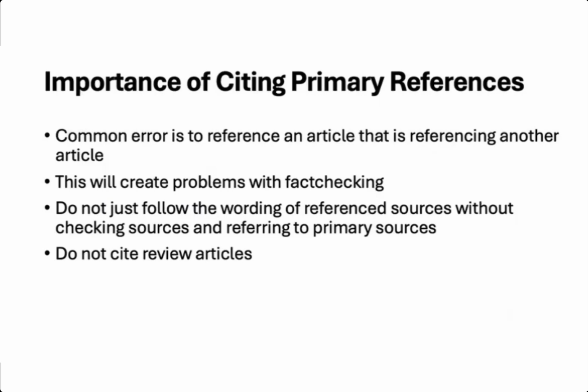So if it's actually a fact that they're stating, and especially if they've referenced it, then you don't use the review article in your reference. You use the primary reference. You have to go hunt that down, search it, and sometimes it's not correct what they've referenced. So just don't assume that the reference that they use is actually correct. A lot of times it isn't.